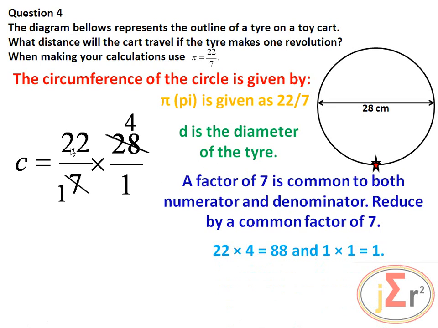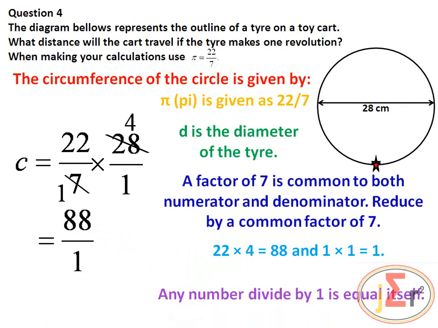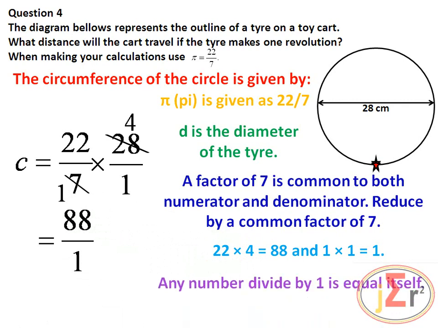So we have 22 times 4, that is equal to 88. And we have 1 times 1, which is equal to 1. So the fraction is reduced to 88/1. Any number divided by 1 is equal to itself. So 88 centimeters will be the circumference of the circle.